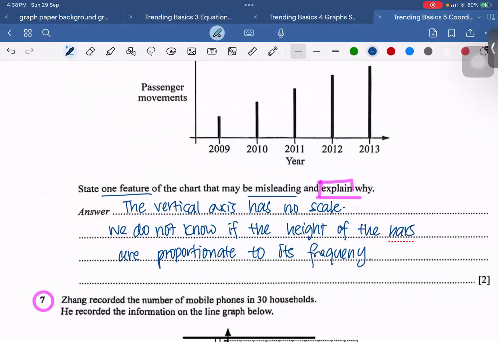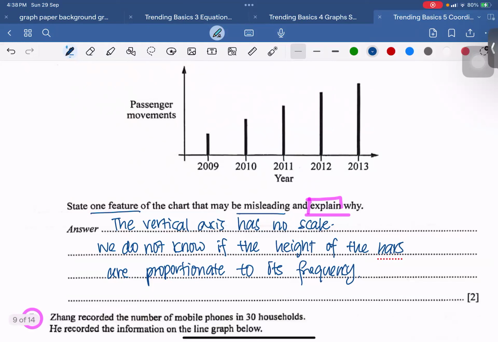Why is that misleading? I cannot assume that it may increase by a very large or very small percentage or number of times, right? If you do not know how to explain why it's misleading, you give an example if you want to.